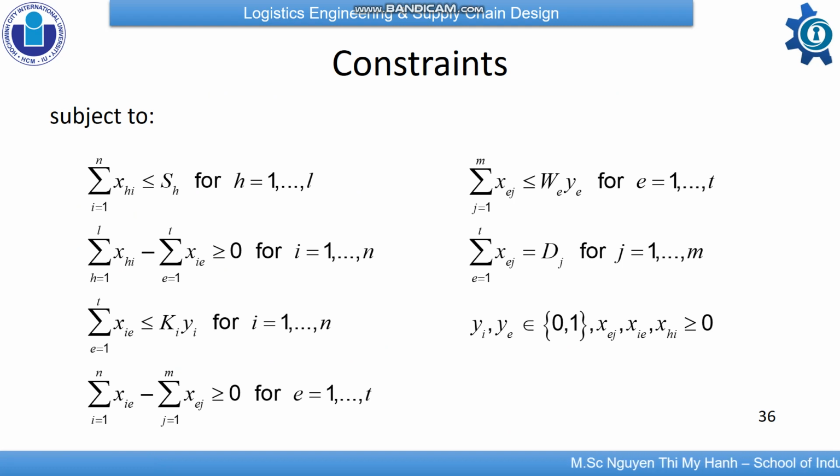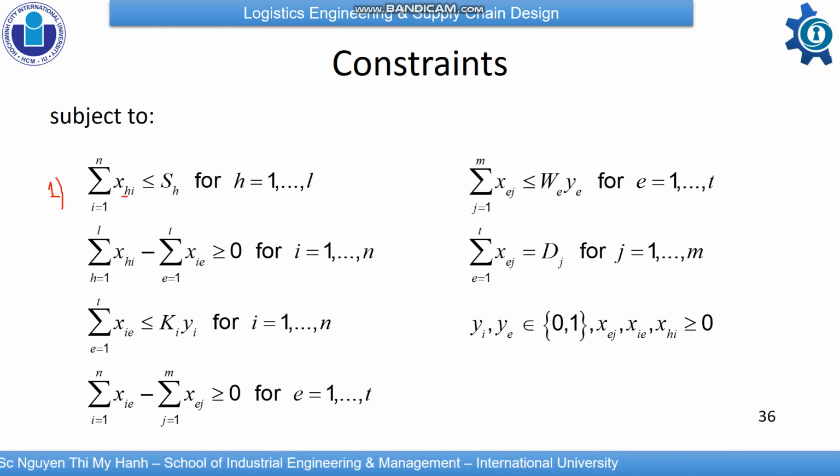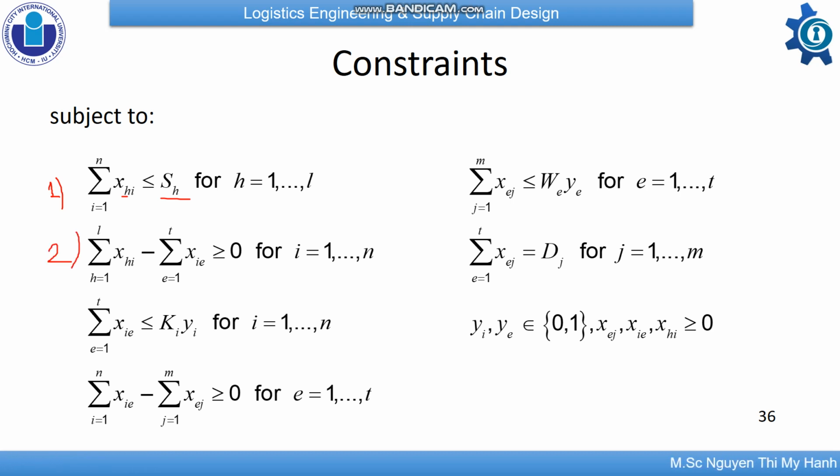And next we will have some constraints. The first one is the total products shipped from the supplier H to all the factories cannot exceed the capacity of the supplier H. Okay, second one is the amount shipped out of the factory cannot exceed the quantity of raw material received.